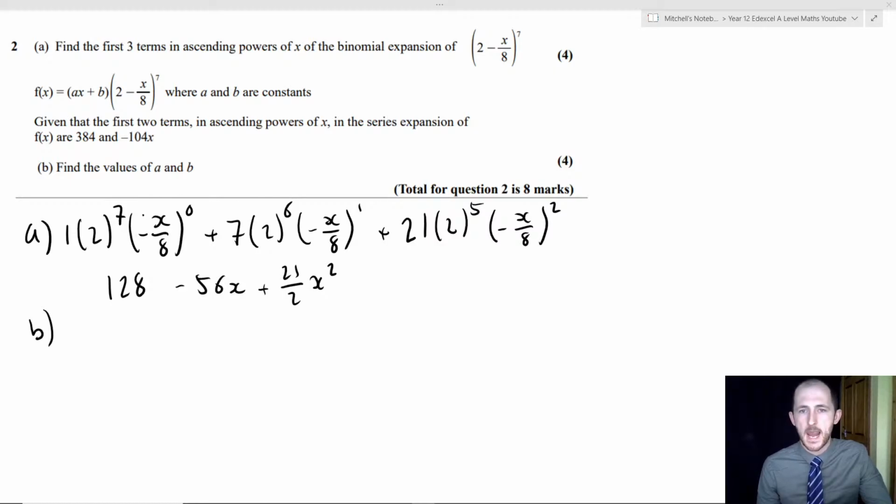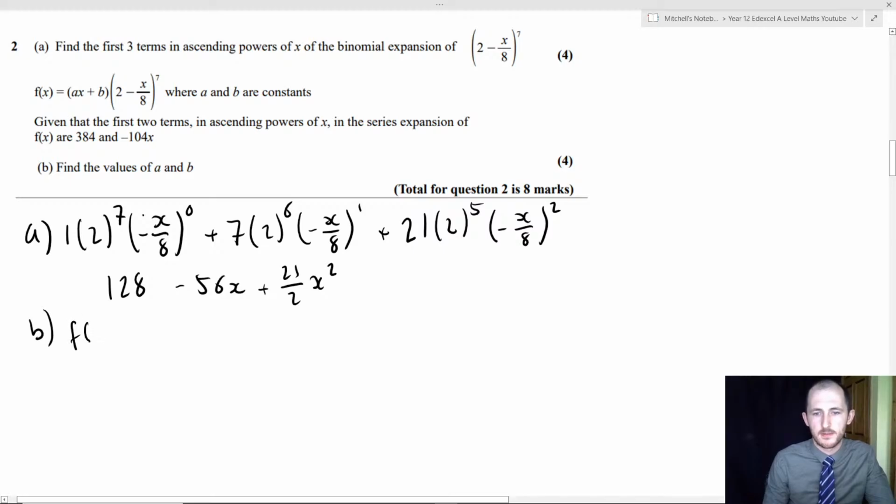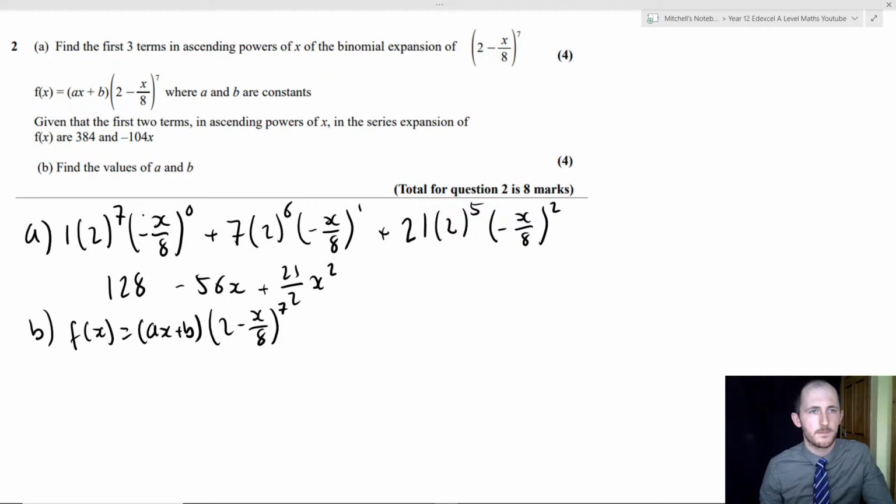So, let's have a look-see. They tell me that we have f of x equals something to the power of 7. Okay. Cool. And what they're asking us to do here is, given that the first two terms are 384 and minus 104x, find the values of a and b.